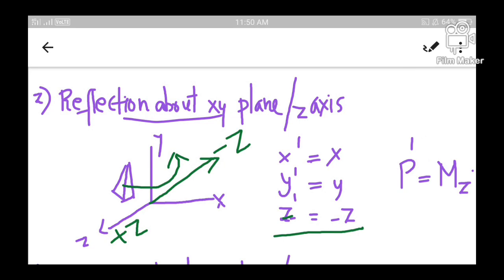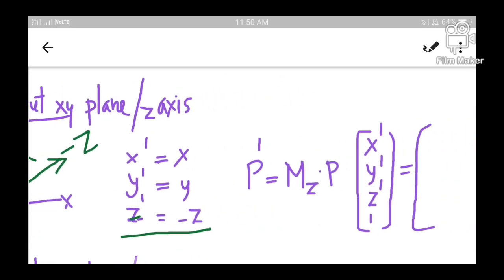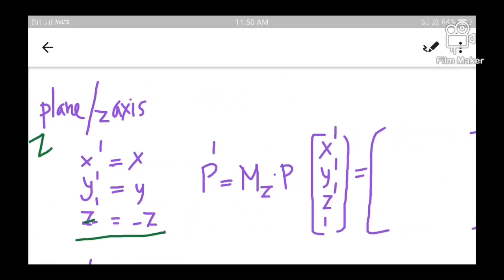Proceeding to the general equation, we can write p dash is equal to mz into p, which means when the initial point is multiplied by a matrix mz, you will get the point p dash, or we can say when the initial point is reflected about z-axis, you will get the point p dash.